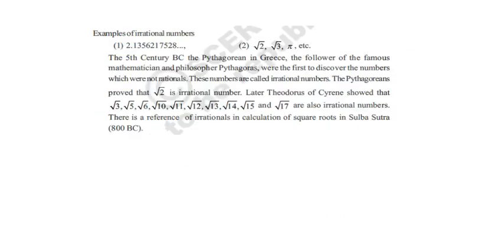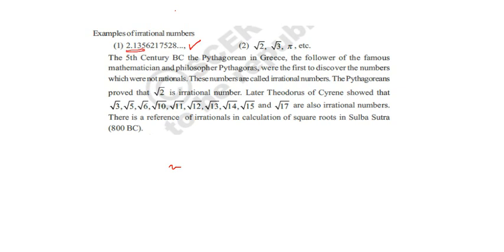Some more examples are also given here. The numbers which are not possible to write in the form of p by q, that means non-terminating, non-recurring decimals. You may observe here in the examples 2.13562175528.